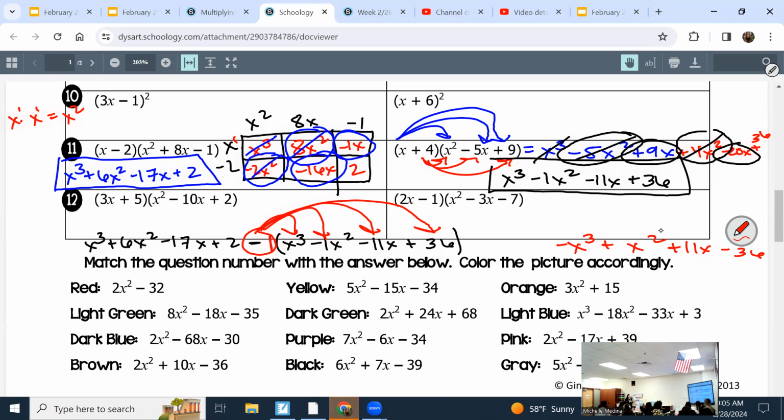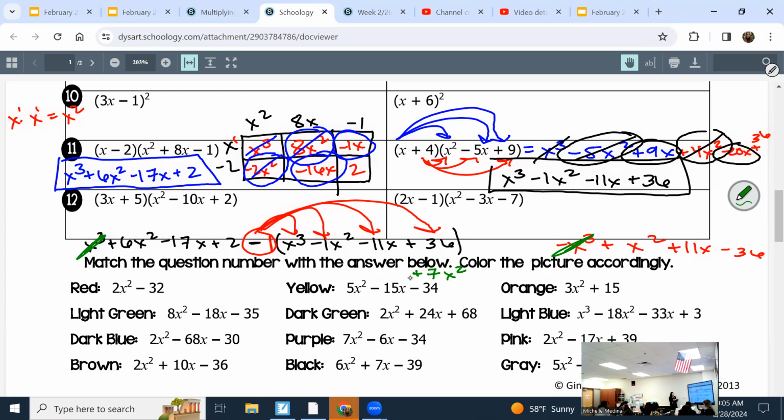So when I now combine like terms, I distributed that negative 1. What's x cubed minus x cubed? Zero, so that really cancels out. My work is a little unorganized, but hopefully you're following what I'm saying. What's 6x squared plus x squared? Seven x squared, and that's positive.